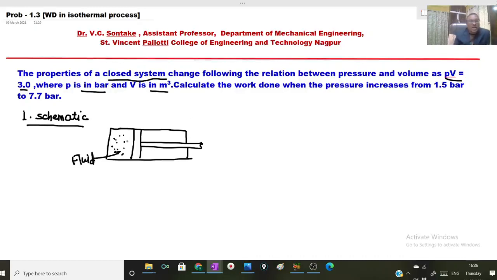Okay, and the system is undergoing change of state. Let's say initially this was state 1, and then it undergoes some change of state.